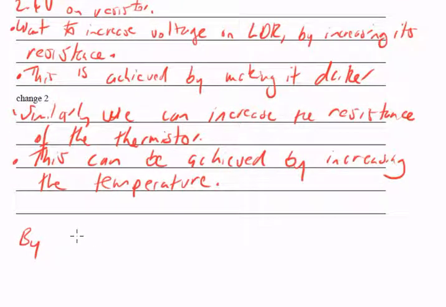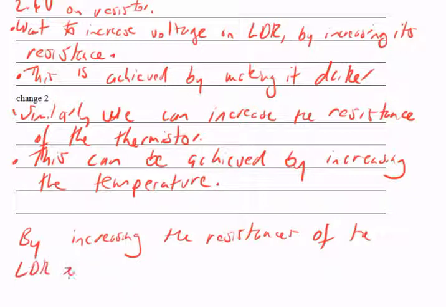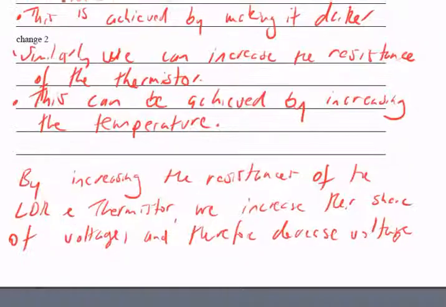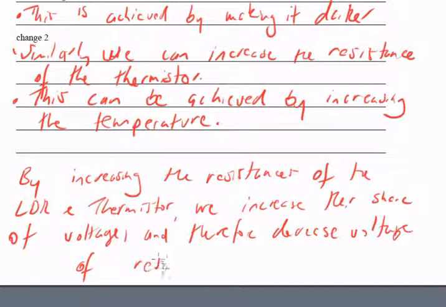I'm just going to sum it up. You wouldn't need to put this, but I'm going to sum it up so you understand. By increasing the resistances of the LDR and thermistor, we increase their share of voltage and therefore decrease the voltage of the resistor.